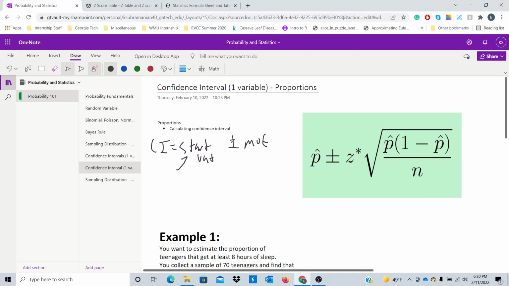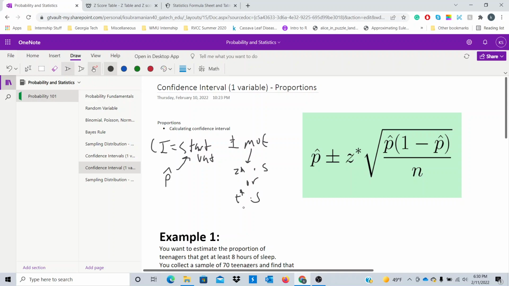The start value, in this case, is the sample proportion, which we'll call p hat. And the margin of error is essentially z star multiplied by the standard deviation of the proportion, or it could be t star multiplied by the standard deviation.